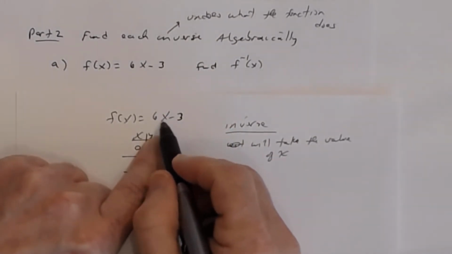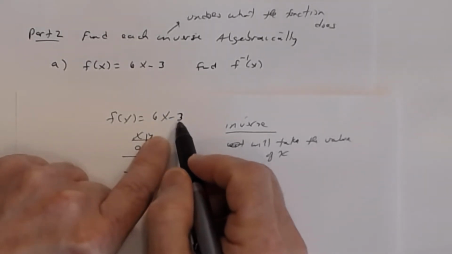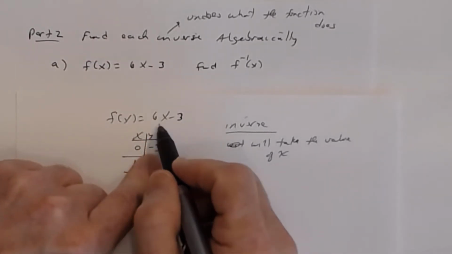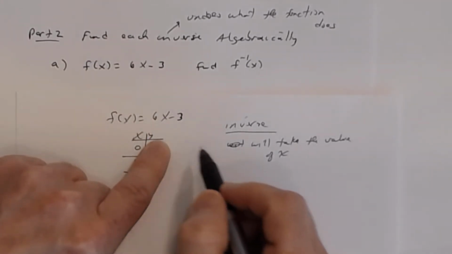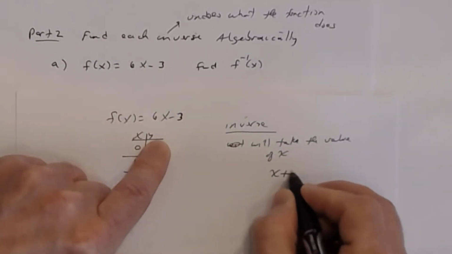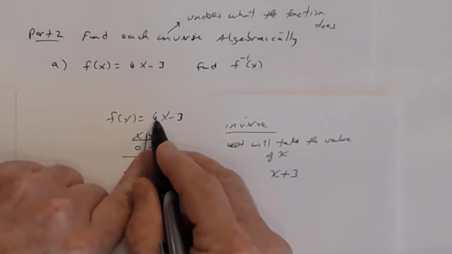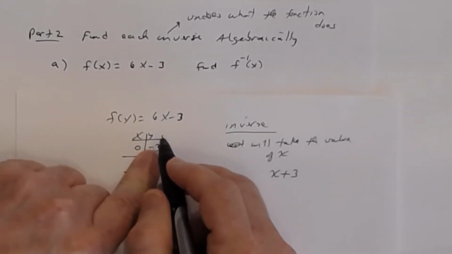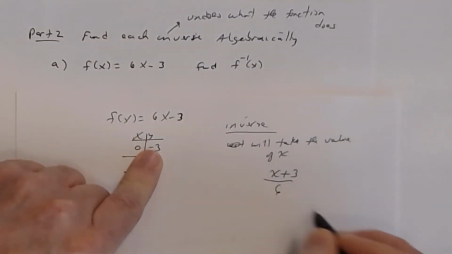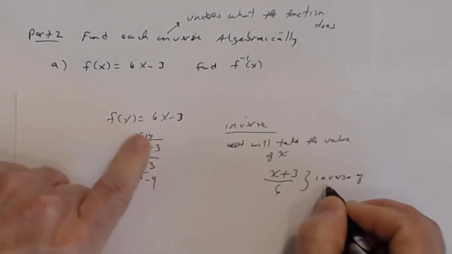The first thing we did was we multiplied by 6, and the second thing we did was we subtracted 3. So you're going to go backwards. So instead of subtracting 3, you're going to add 3. So it'll look like this. You take x and you're going to add 3. Instead of multiplying by 6, the opposite of multiplying by 6 is to divide by 6. And this is the inverse of f of x.